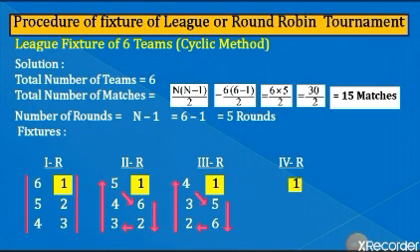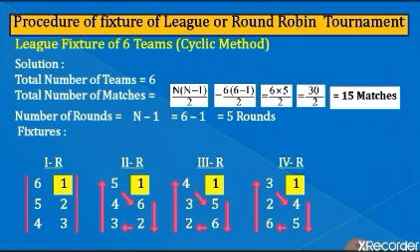In the fourth round, team number 1 still remains at the same position and team 4 moves down and the rest of the teams move in clockwise direction from downward to upward.